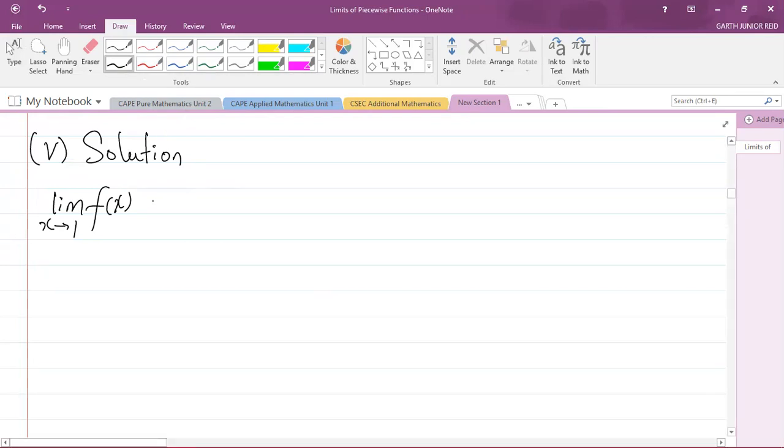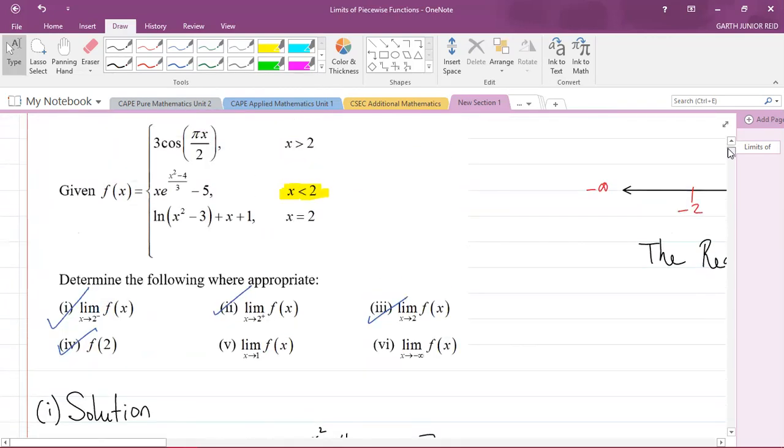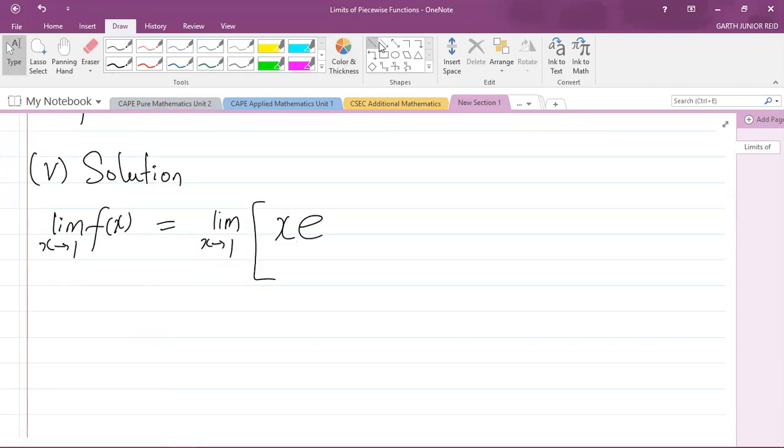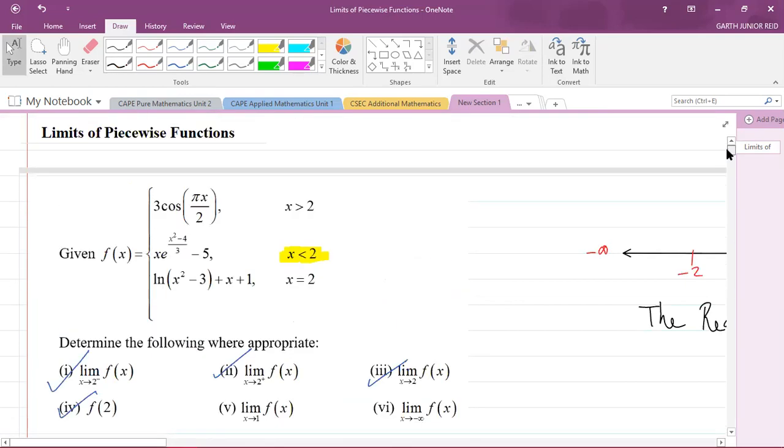So the limit of f of x as x approaches 1 is going to be equal to the limit of x times e to the power of x squared minus 4 over 3, and we're subtracting 5. That is my f of x there. Great.